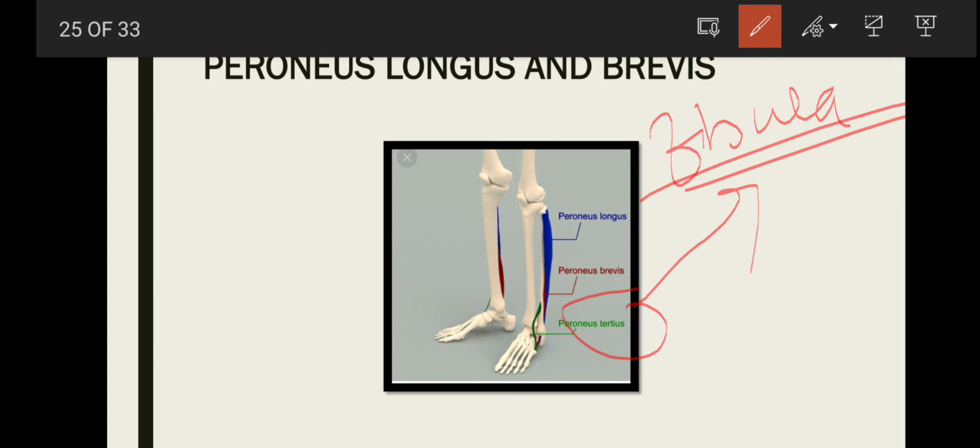Now peroneus longus is a muscle present superficially, the first muscle which you see. Just behind that, deep to that, you find peroneus brevis muscle.